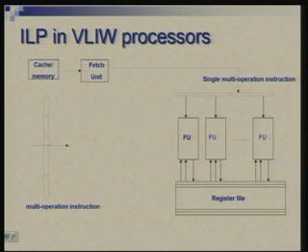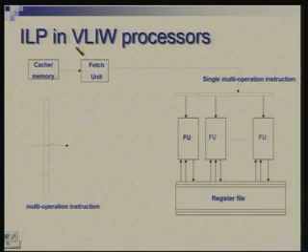So, here each instruction could possibly be carrying multiple operations. So, it is like a long instruction word where you have coded multiple instructions and put them together. So, that is where the term VLIW comes into picture. Very large instruction word is the meaning of VLIW.